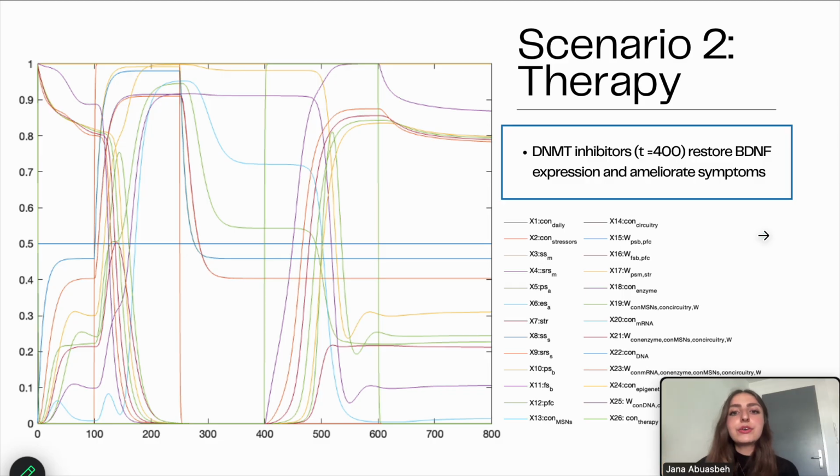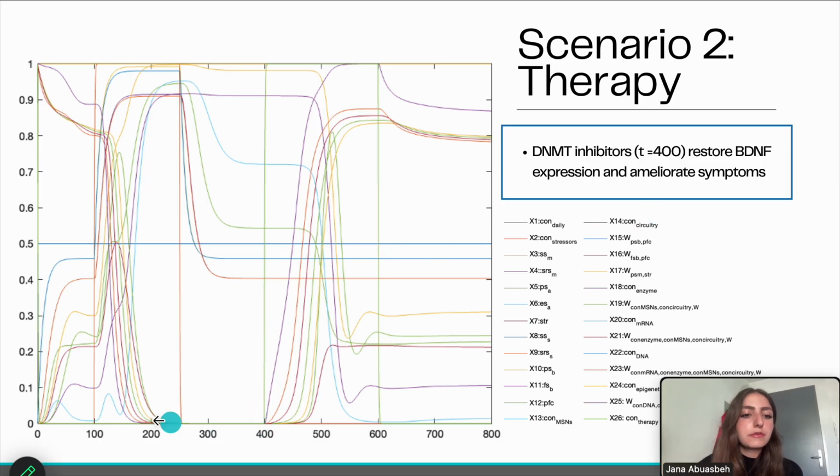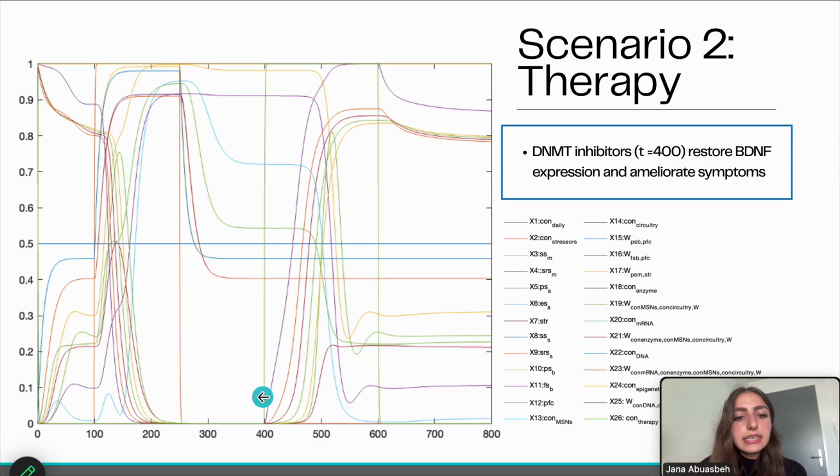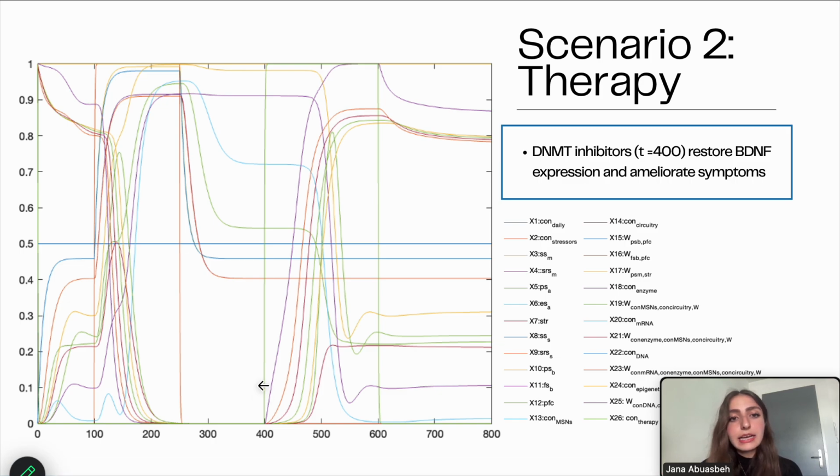In the second scenario, we see for the first 400 time units the same simulation as before, but then at time step 400, I introduce the hypothetical therapy using DNMT inhibitors, and these DNMT inhibitors restore BDNF expression and have a positive effect on symptoms.